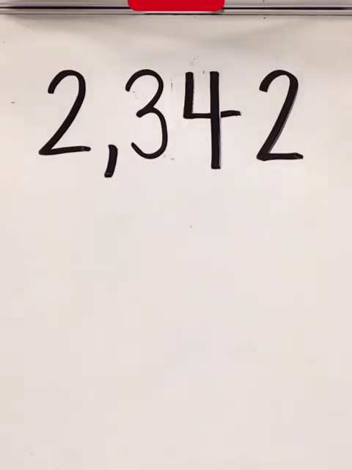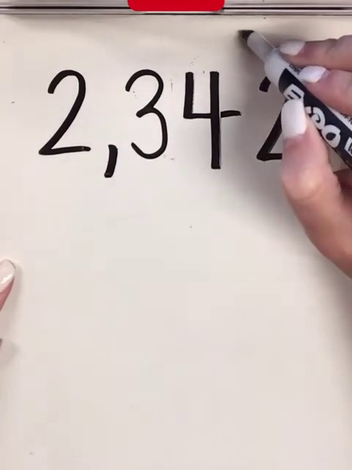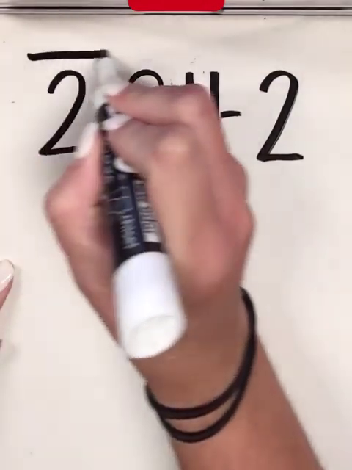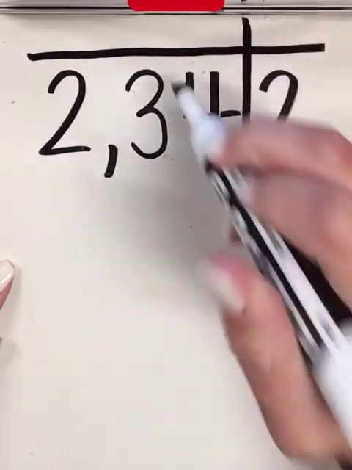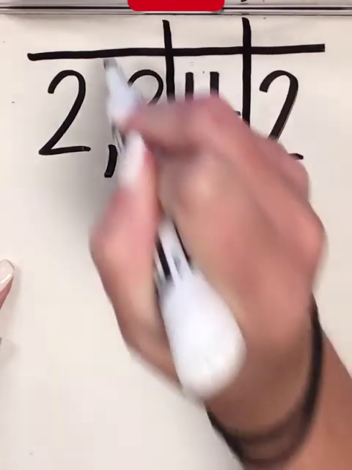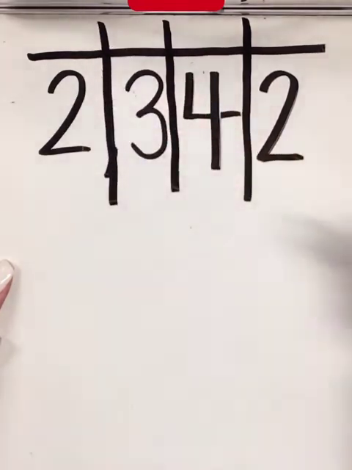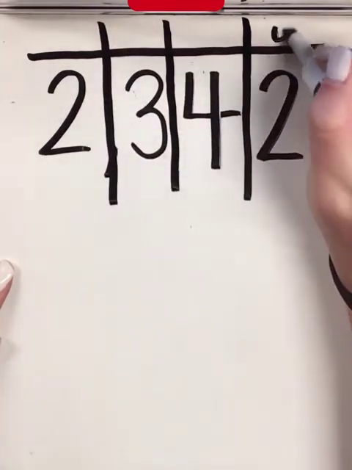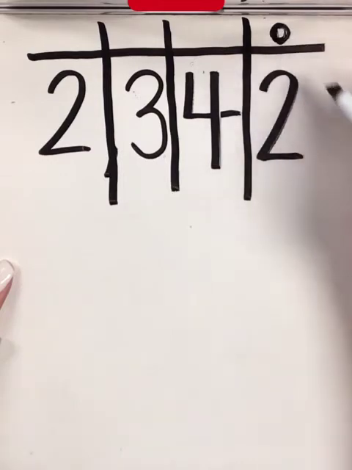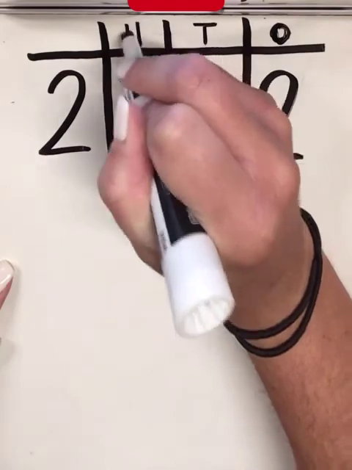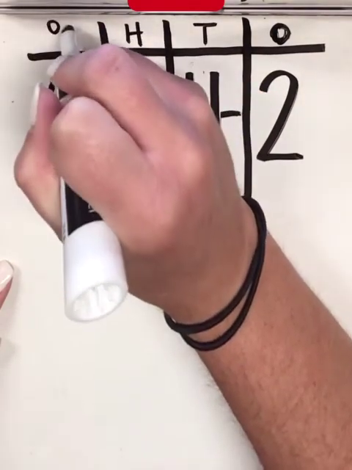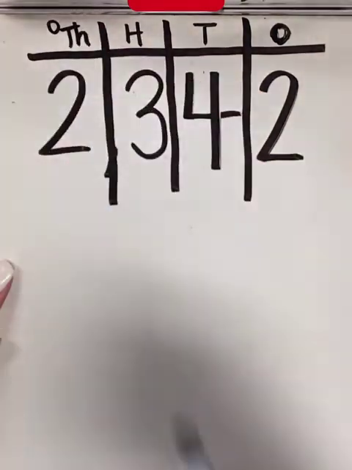So the first step that we do, and it's what we do every time, is put it into our place value chart. So that is what I'm going to do right now. I am going to draw my walls between each one of my numbers, and then I'm going to label my place value chart right here. I have my ones, my tens, my hundreds, and my 1,000s place.